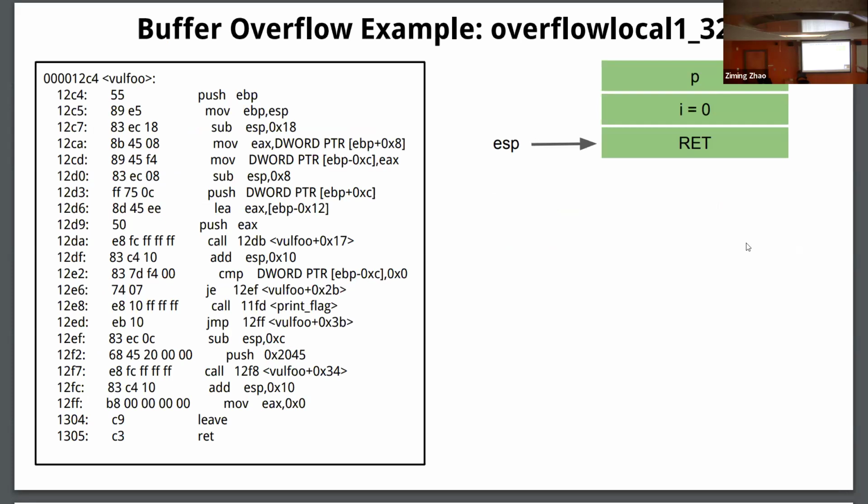Right now, assume that the main function just called Overflow. So the next instruction to execute is the very first instruction of Overflow, push EBP. We are here, and we're going to execute this one. The instruction we just executed was call Overflow, in the function main.